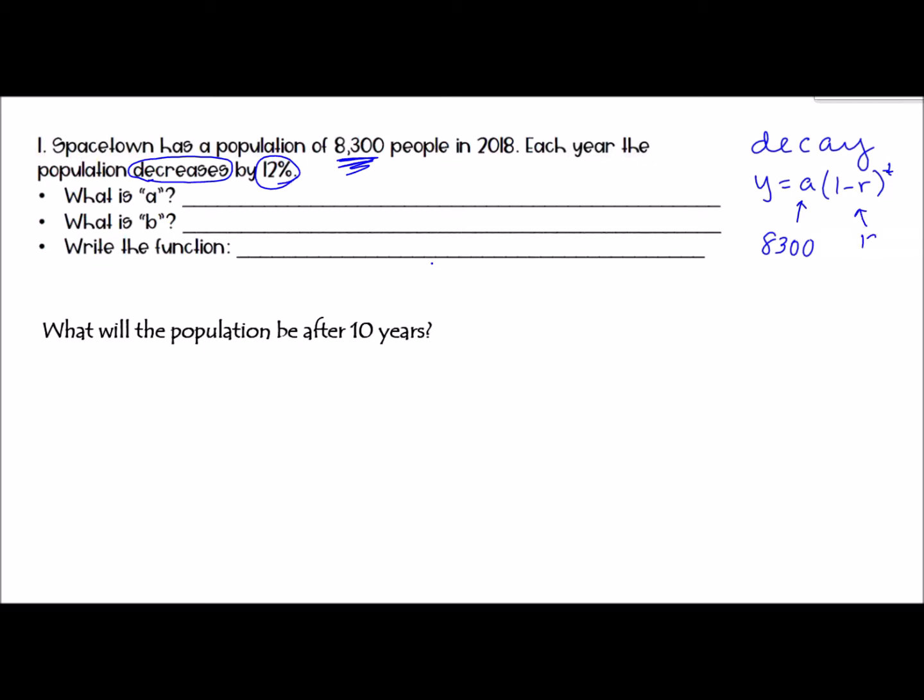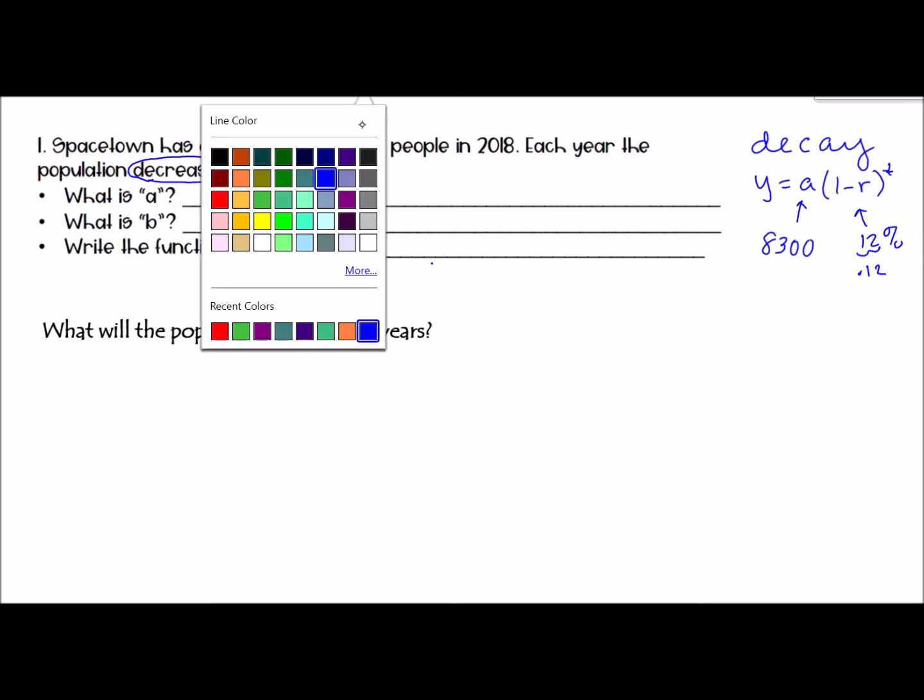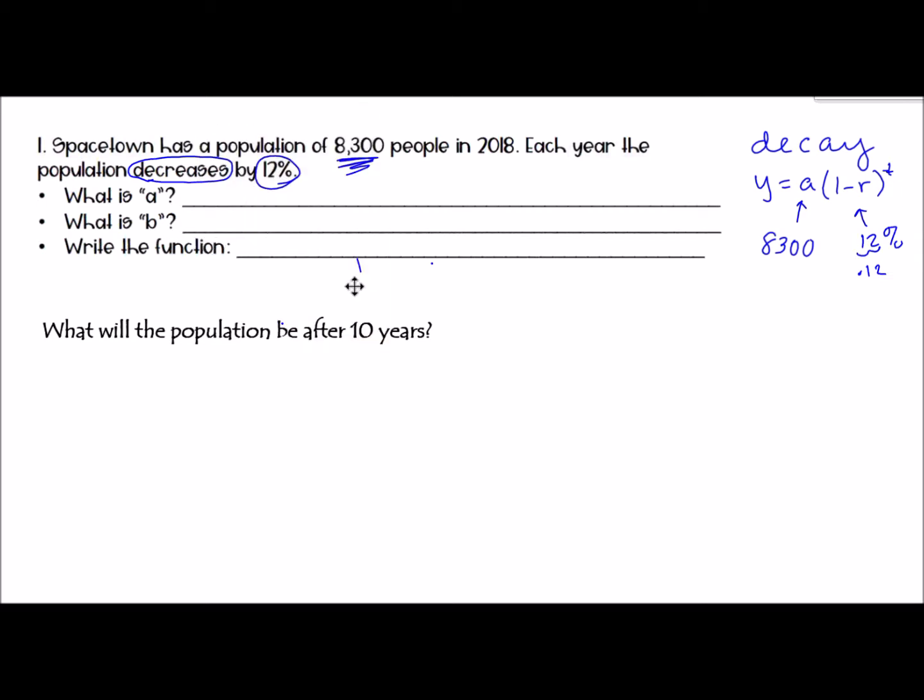That has to be what R is, which we would move the decimal and make it 0.12. Okay, A is going to be the 8,300. And then it wants B. B in this case is 1 minus R, which is going to be 1 minus 0.12, which is 0.88.